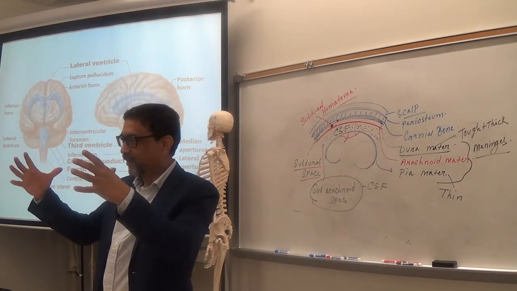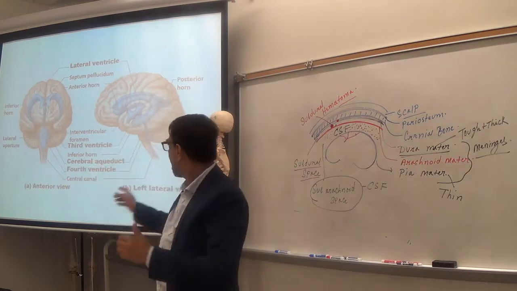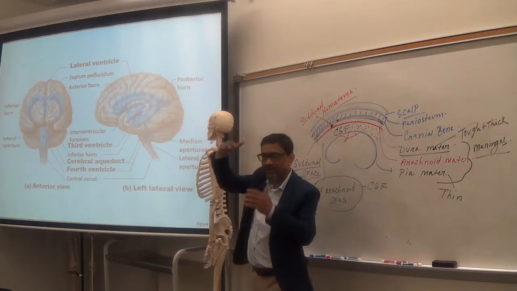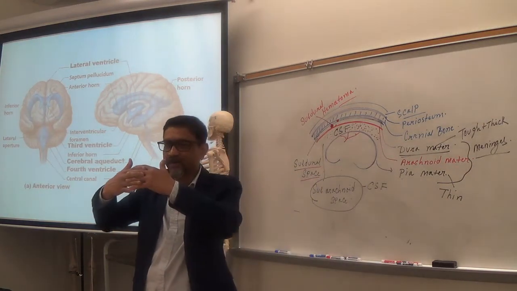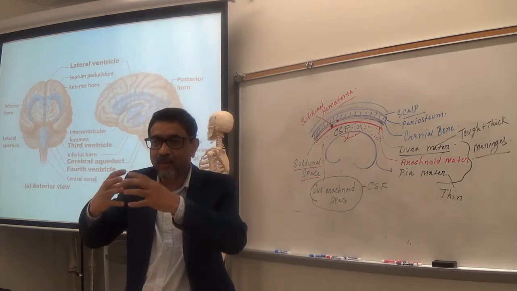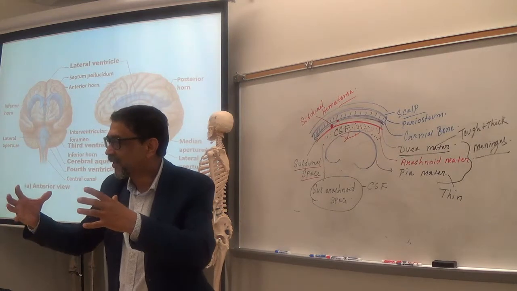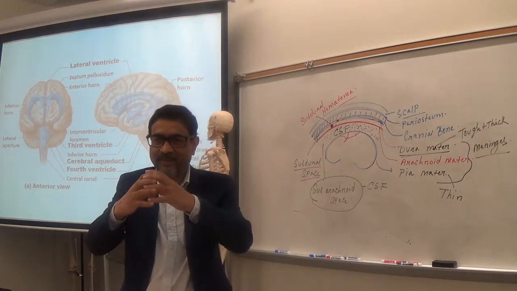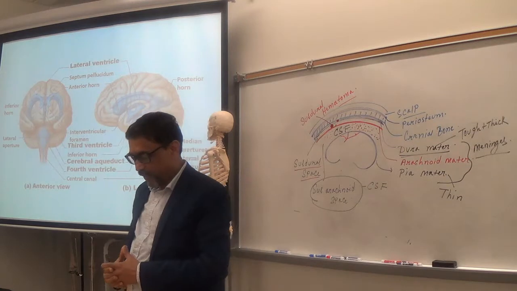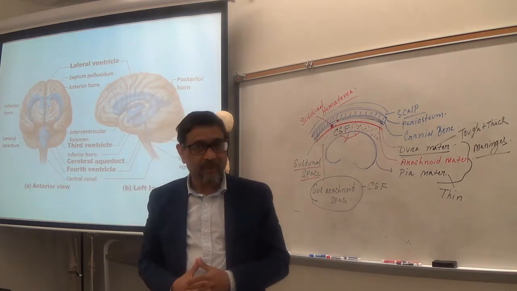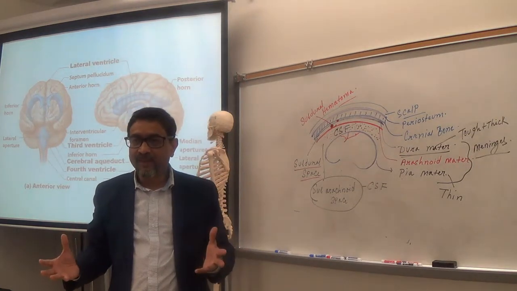So the head will look big. But after the cranial bones are already fused, now if hydrocephalus occurs, the brain will try to expand, but it will not be able to. Make sense? Because the skull is already fixed, the bones. So that is more dangerous because it's difficult to diagnose, right?